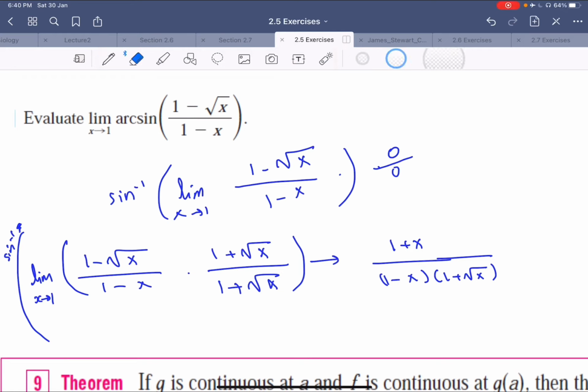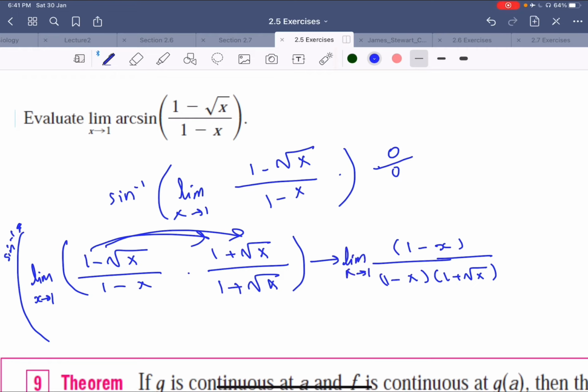So yes, like we were saying, sorry for interrupting here. When we multiply by each other, the roots will cancel out and we get 1 minus x over 1 minus x by 1 plus root of x. Of course, here we have limit x approaches 1 and outside it sine inverse.